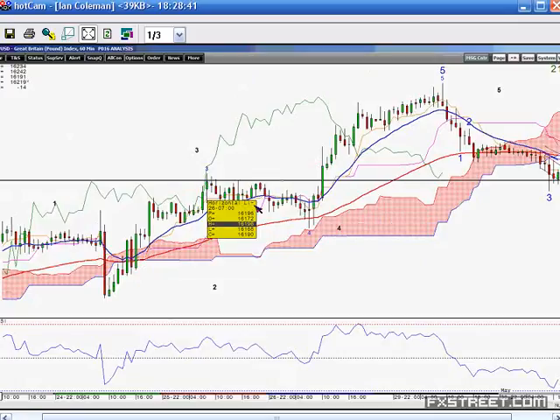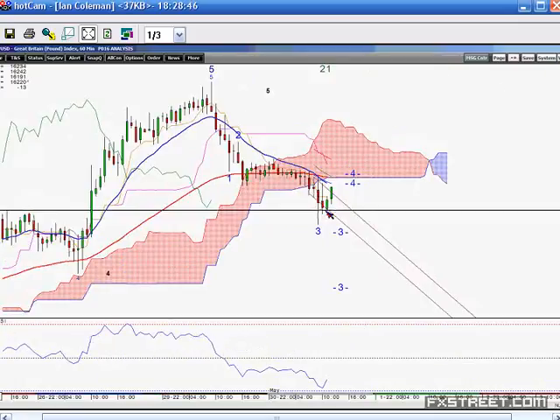It was resistance, it broke out, it now becomes support. And that's another reason why I'm not looking for this to be a particularly long-term trade. I'm just looking for a correction higher, probably choppy today because price action is going to be pretty liquid, I would have thought, and then a move back down.